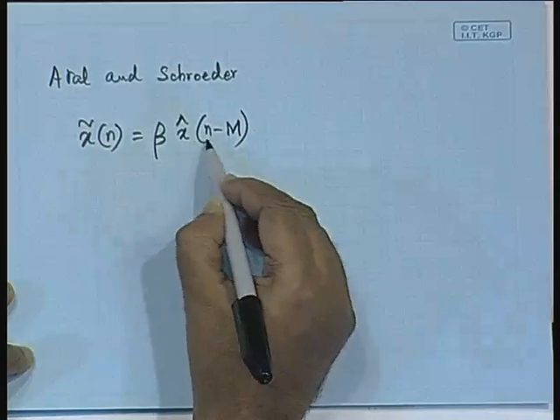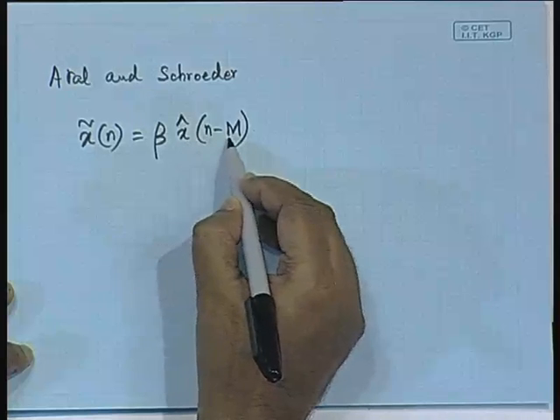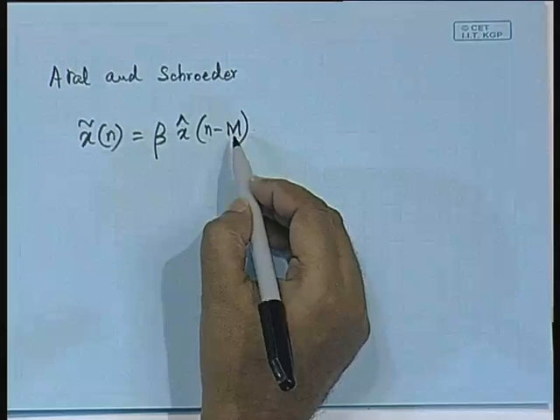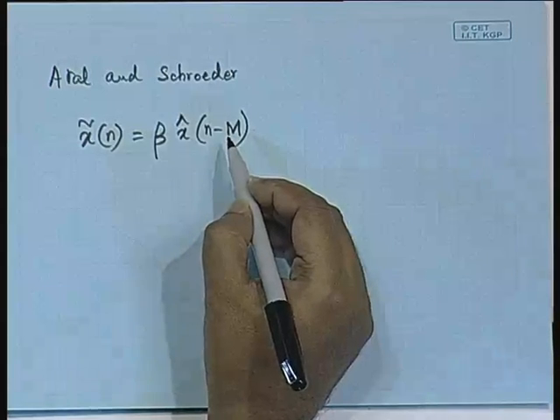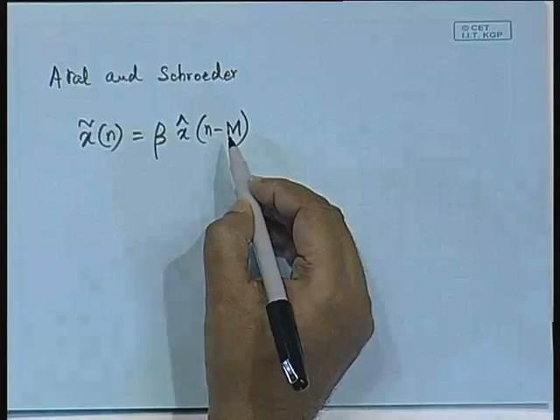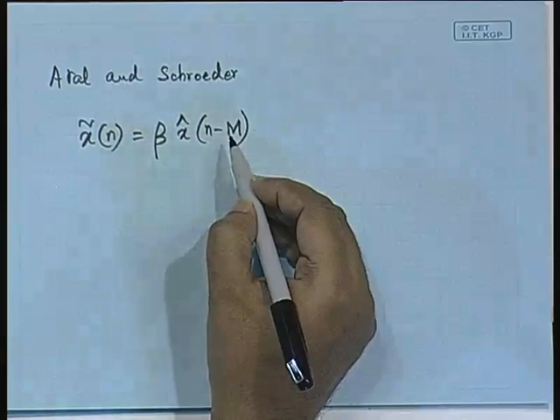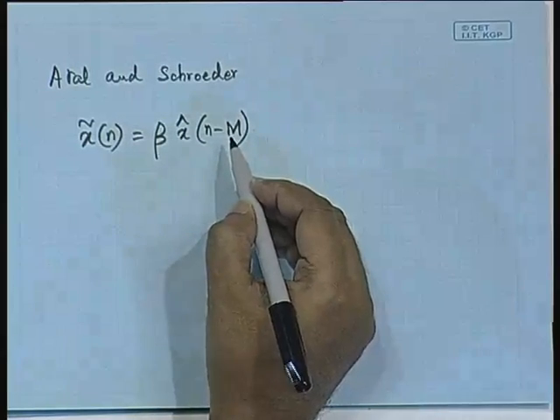So, x cap of n minus capital M is a fairly old sample. It is a sample which is capital M samples old, and capital M is the periodicity.